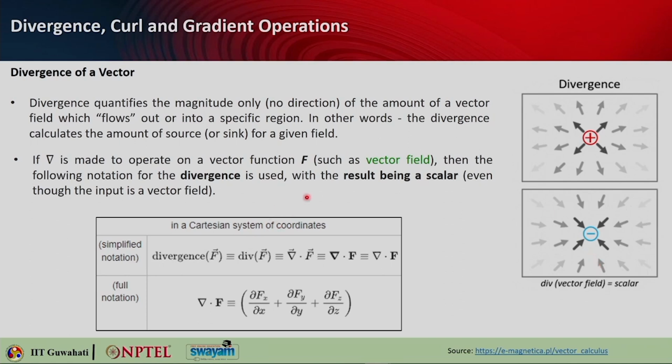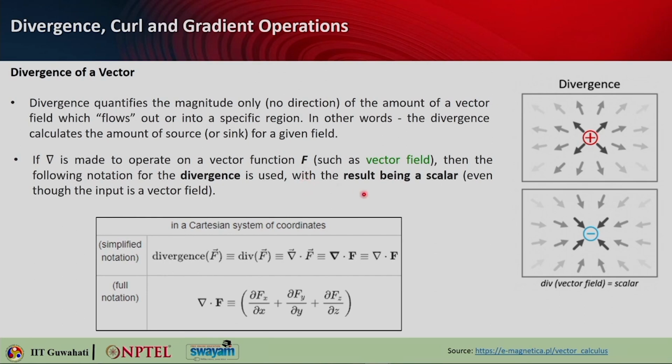So how do you write this? Once again, when you take the del operator, or the nabla operator, and operate on a vector field, this time f is a vector field, which is why f is shown in bold. You want to calculate the divergence, and we know that the divergence of this vector field will be a scalar.